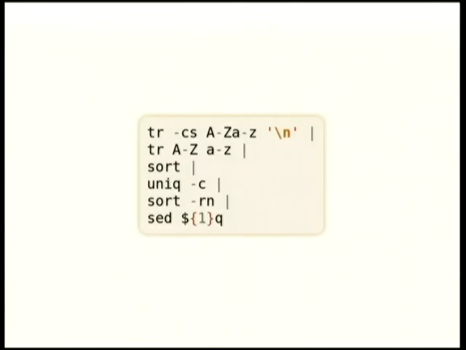The second command makes everything lowercase so that we don't count words twice if they're at the beginning and in the middle of a sentence. Sort is going to bring all of the instances of the word aardvark together in a row, and then all of the instances of the word Brandon and Python and so forth. Uniq is going to get those runs of identical words, count them, and tell you 6 aardvarks, 5 Brandons, and so forth.